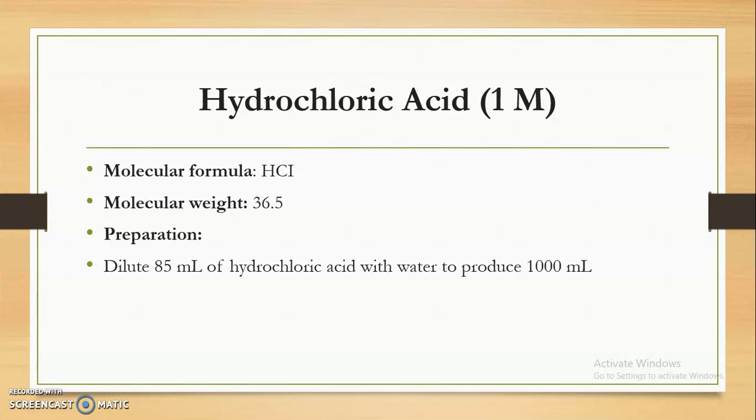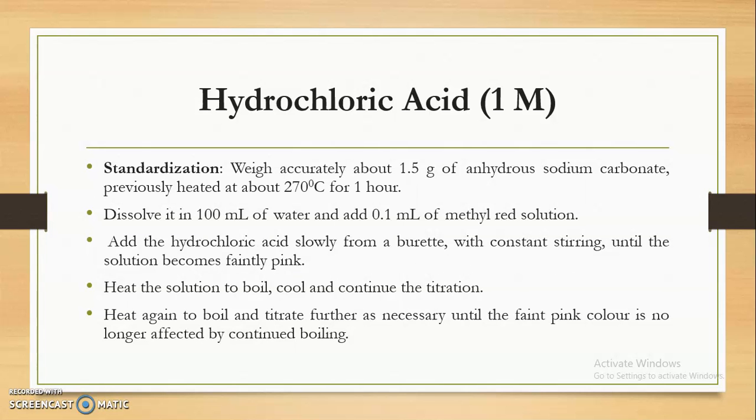The first quantity that we calculated, 42.4 gram, is for 100 ml. For 1000 ml we will require 36.5 gram of HCl, and by multiplying with the help of different factor calculations, this value becomes 85 ml of hydrochloric acid. That's why we have to take 85 ml of hydrochloric acid into the 1000 ml to get the 1 molar hydrochloric acid solution.